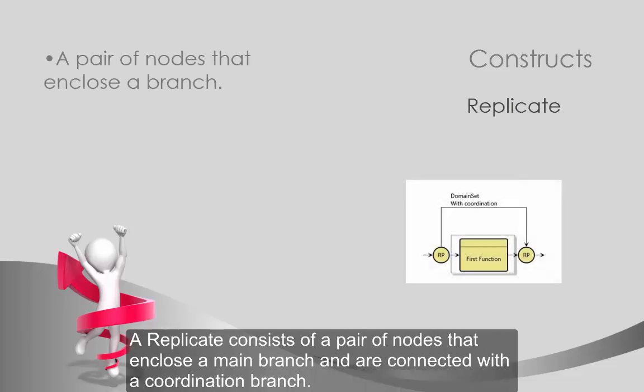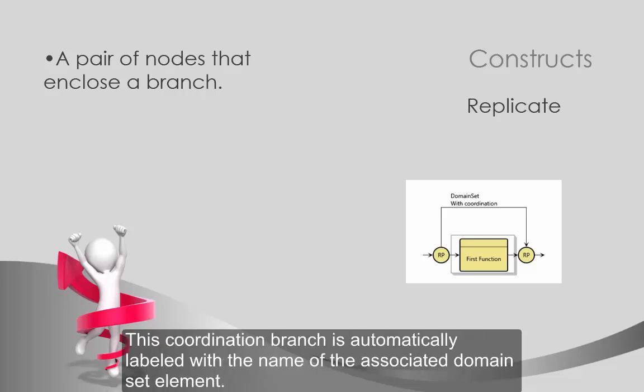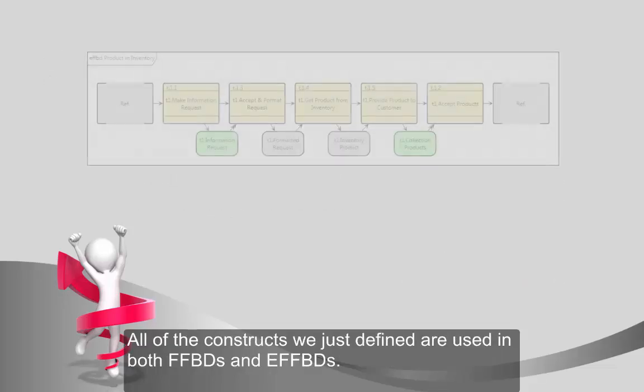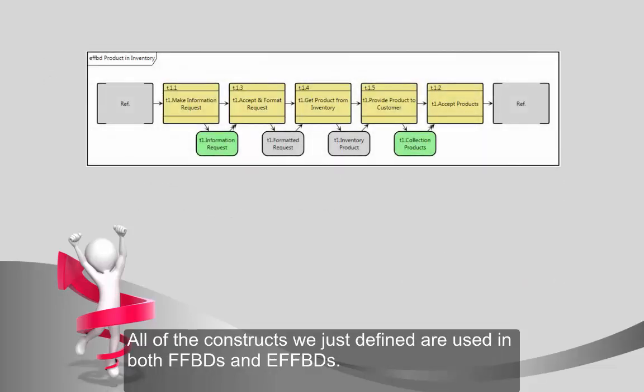A replicate consists of a pair of nodes that enclose a main branch and are connected with a coordination branch. This coordination branch is automatically labeled with the name of the associated domain set element. The replicate construct is a shorthand notation for identical processes that operate in parallel. All of the constructs we just defined are used in both FFBDs and EFFBDs.